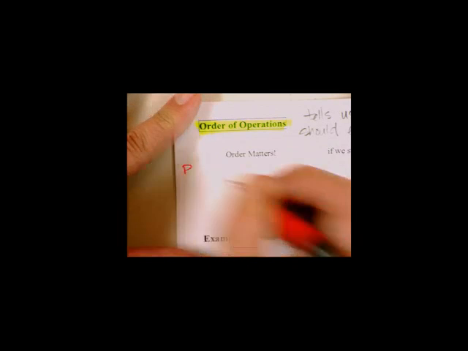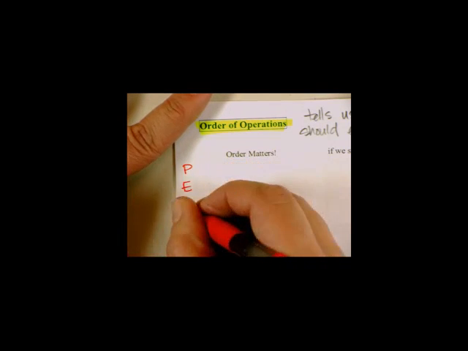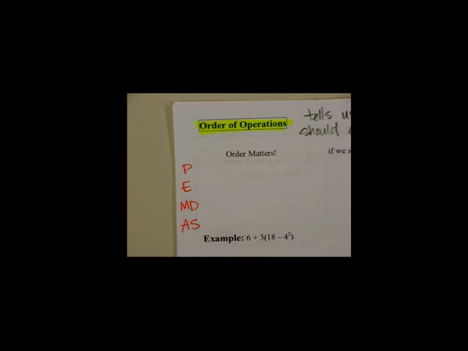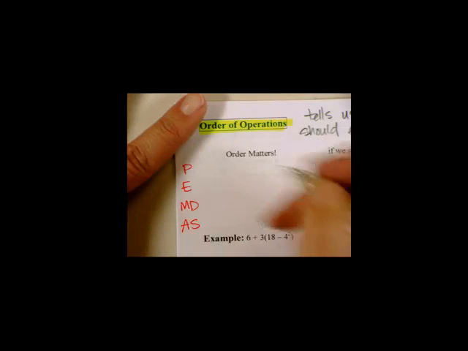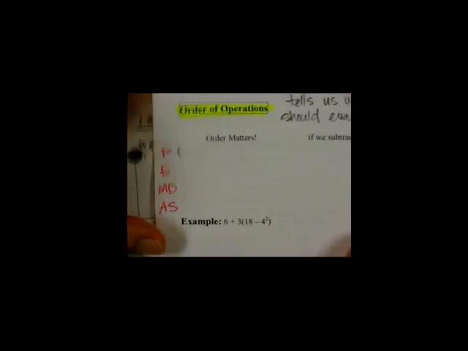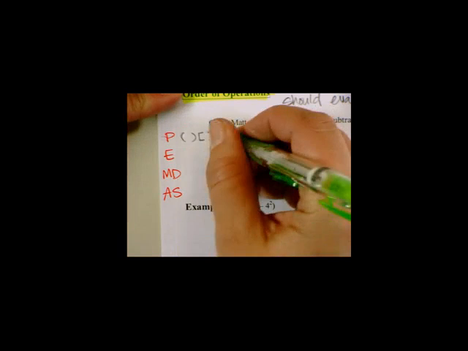I'm sure you've heard of Please Excuse My Dear Aunt Sally or PEMDAS. The P stands for parentheses. Parentheses can look like normal parentheses, or square brackets, or absolute value bars.